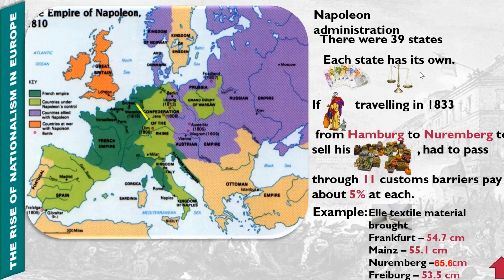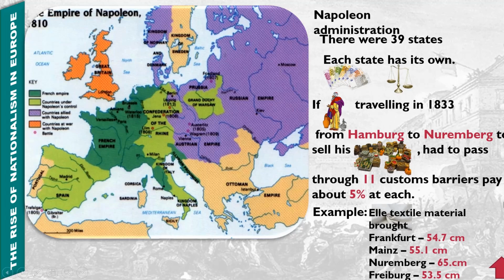The measure of cloth, for example, was the ell, which in each region stood for a different length. An ell of textile material bought in Frankfurt would get you 54.7 centimeters of cloth, in Mainz 55.1 centimeters, in Nuremberg 65.6 centimeters, in Freiburg 53.5 centimeters.